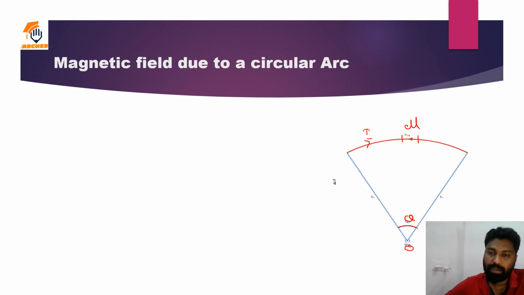This is point O. Okay, so for that we can write this as dB is equal to mu 0 by 4 pi I dl sine, this angle will be 90 degree. So sine 90 divided by r square will come.